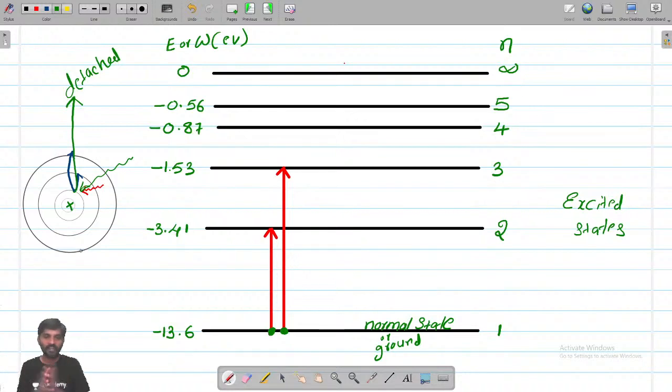But if it gets an amount of energy sufficient to go completely away from the nucleus, so it has to detach from the nucleus, then that potential is called ionization potential.